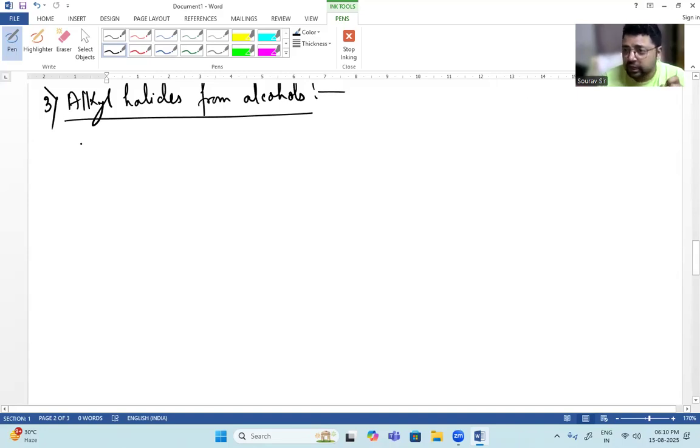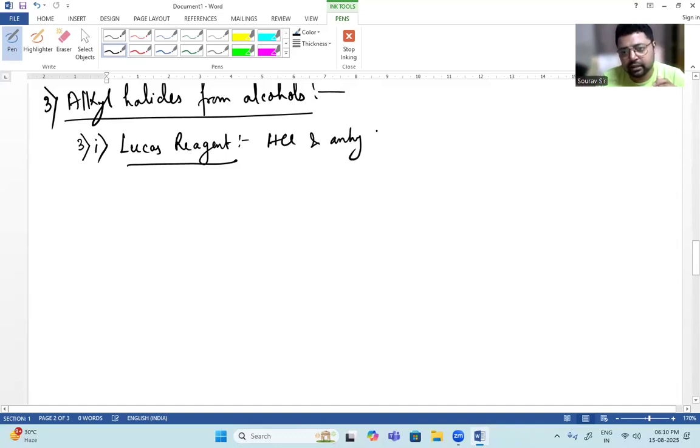The first reaction that we will state is the Lucas reagent. Lucas reagent is a reagent in which you will have HCl and anhydrous ZnCl2 in the ratio of 1:1.